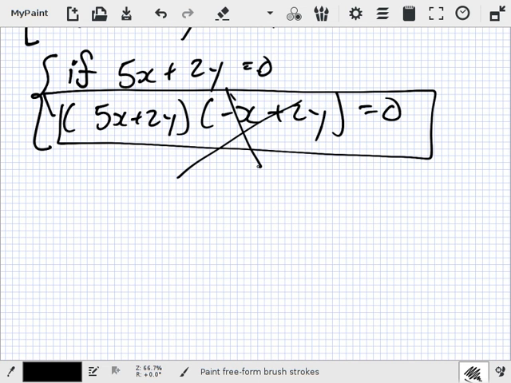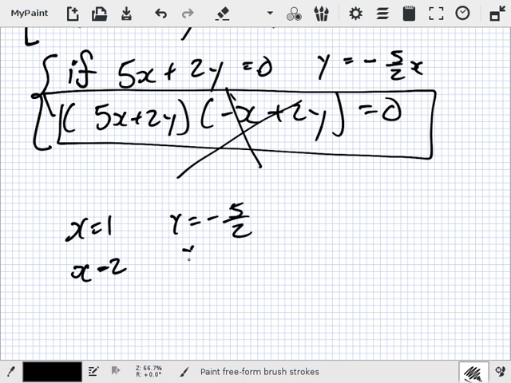So basically, you could rewrite that as y equals minus 5 over 2x. So if x equals 1, y equals minus 5 over 2. But you could have x equals 2, y equals minus 5. You could have x equals 3, y equals minus 15 over 2. You have infinite solutions.